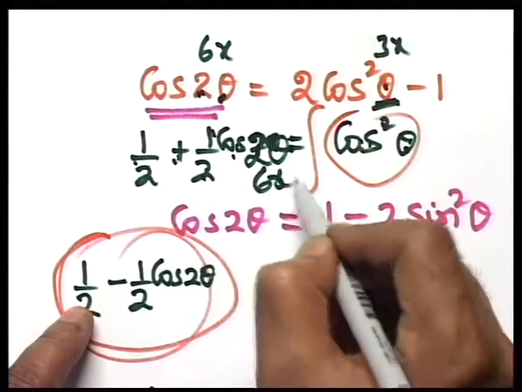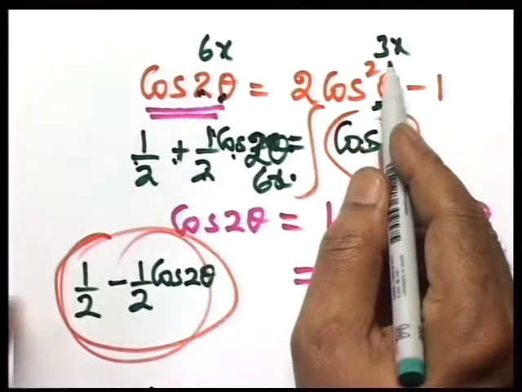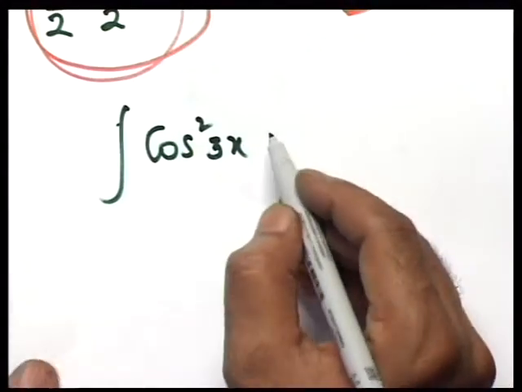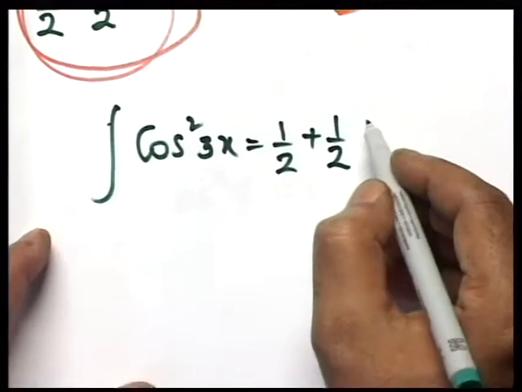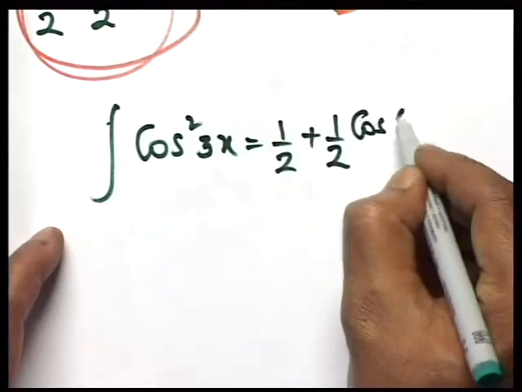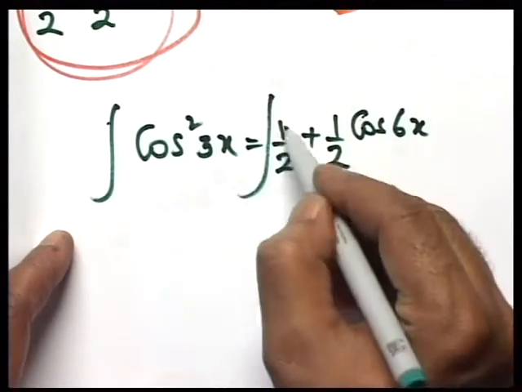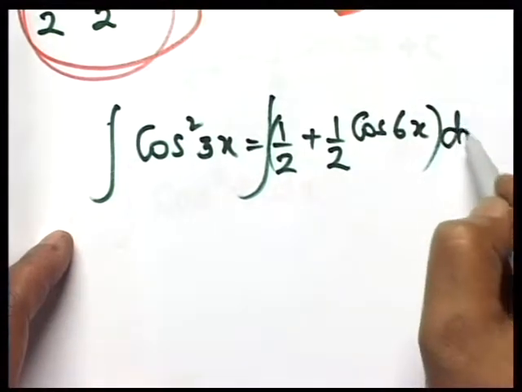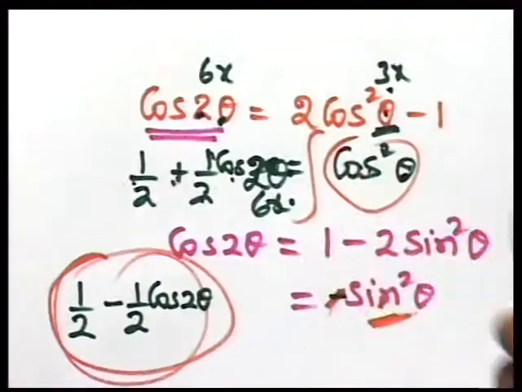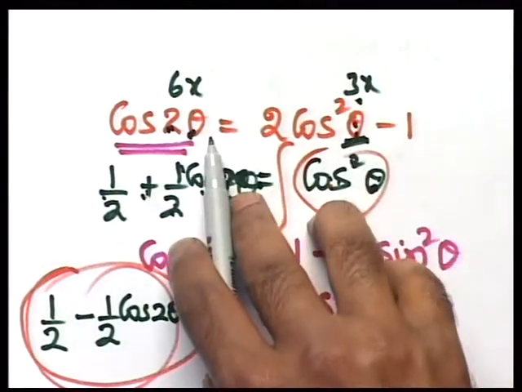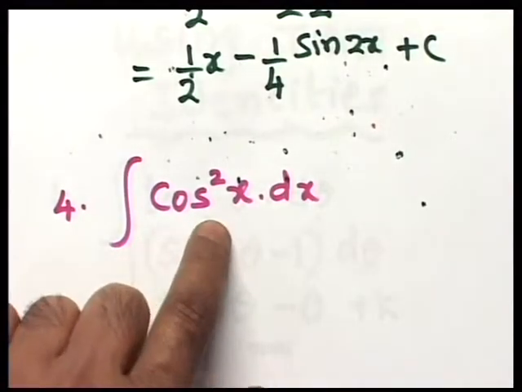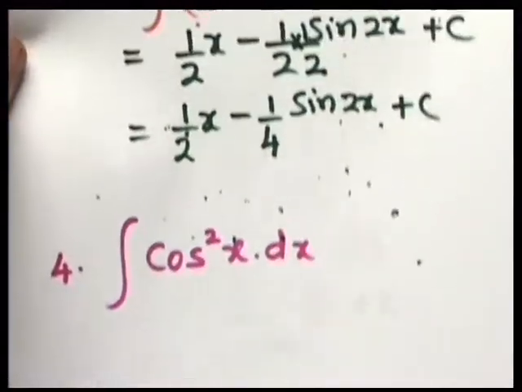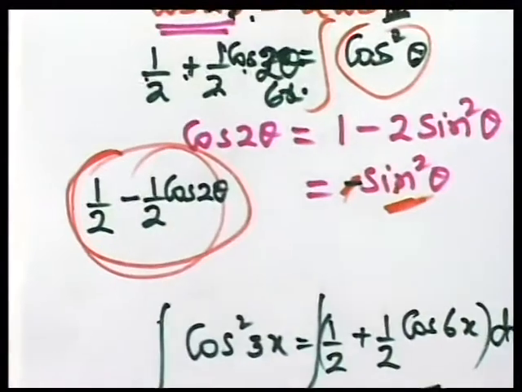So that's a 6x now, isn't it? If theta is 3x, we write this as a half plus half cos 6x. That's what we are going to integrate. So don't just stick to theta and 2 theta. That's always double this, or this is a half of that. So can I leave this question with you? You can do it, right? That's the cos square. Done.